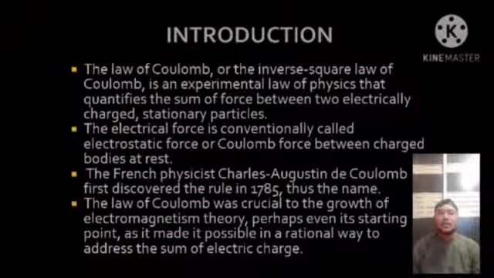The law of Coulomb was crucial to the growth of electromagnetism theory, perhaps even its starting point, as it made it possible in a rational way to address the amount of electric charge.